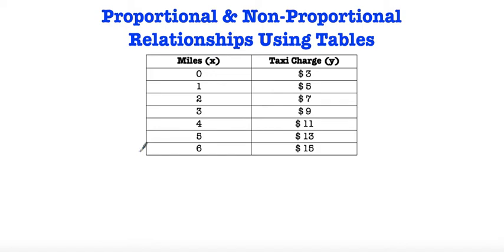All right, so we have our final example here, which is also a relationship between the number of miles and the taxi charge. In our table here, we're increasing by 1 mile at a time, and our taxi charge is increasing by $2 at a time.